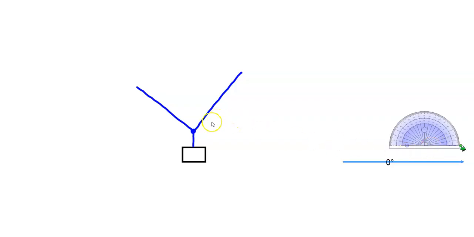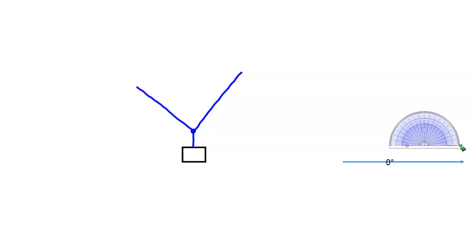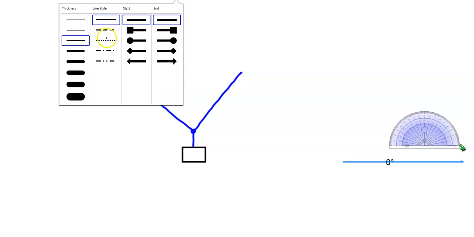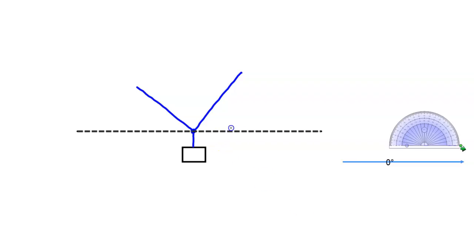The way that I would typically handle this is I would want the horizontal here, and then I would want the angles from horizontal to the tensions. And what that does is it makes it easier for you to calculate the components.